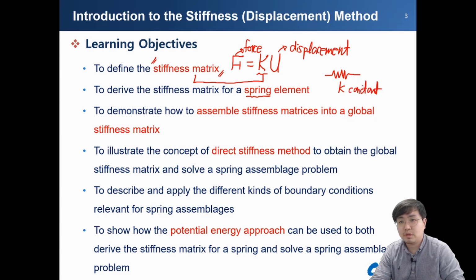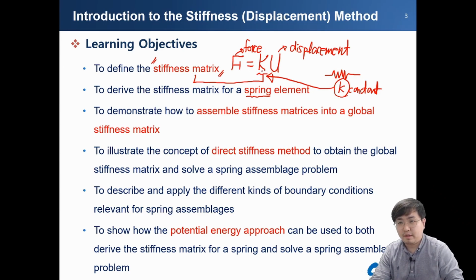However, to describe this physical phenomenon using the FEM, this spring constant must be changed into a matrix form. So here we are going to learn how we can make this spring constant a matrix.